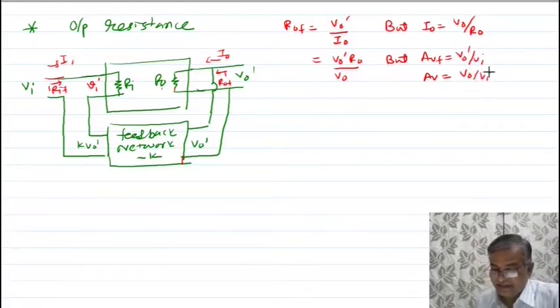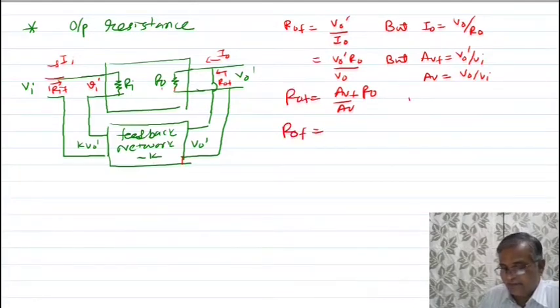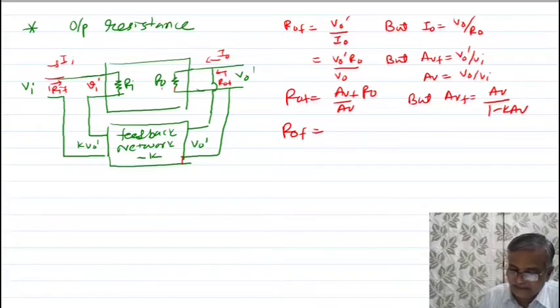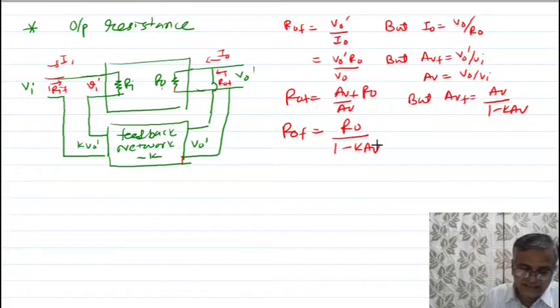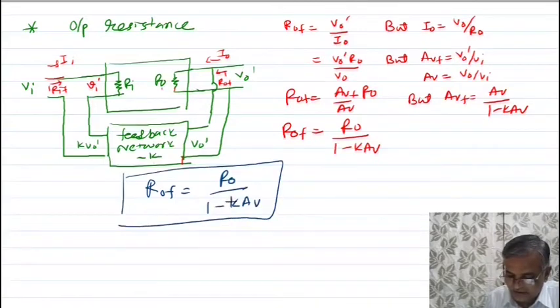So I can write this as Avf upon Av into Ro. What is Avf? Avf is nothing but Av upon 1 minus K Av. By putting this value here, I can write the equation of the output resistance with feedback: Rof is nothing but Ro upon 1 minus K Av.